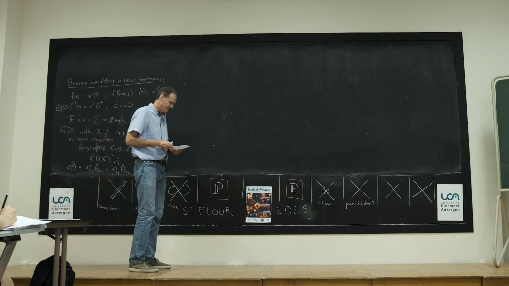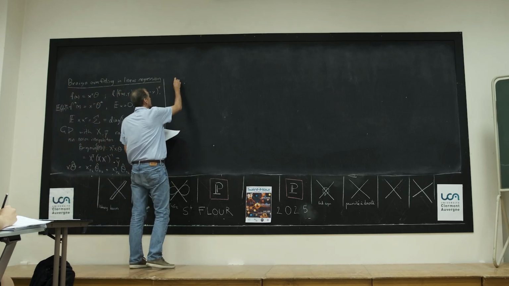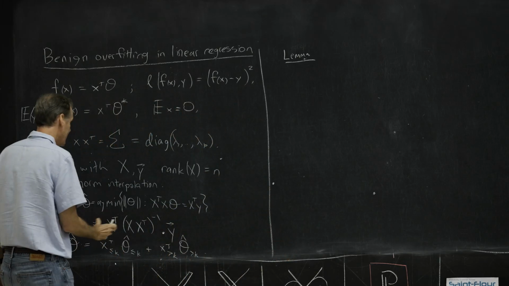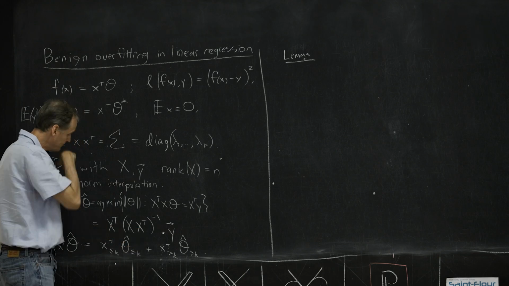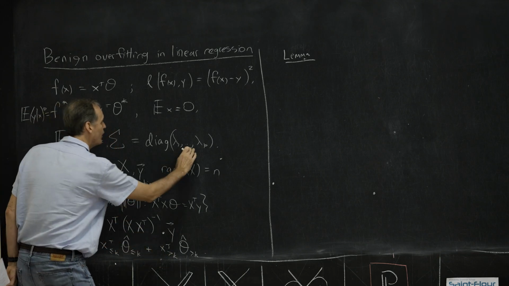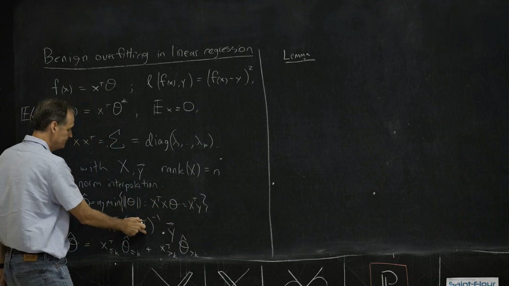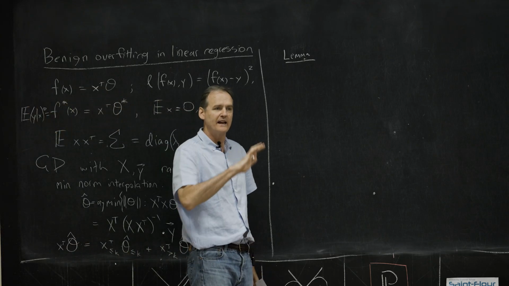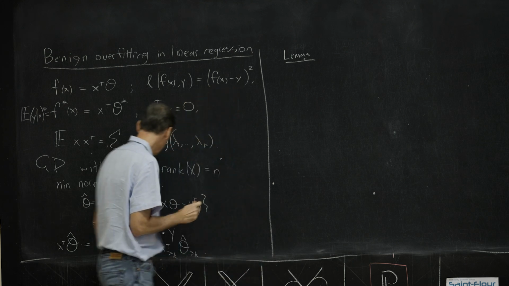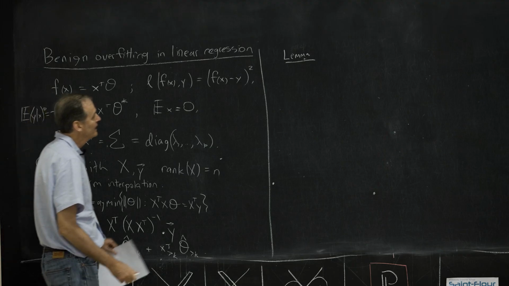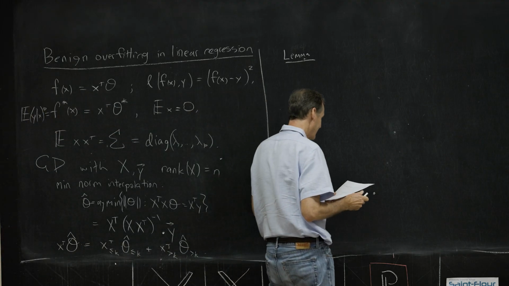Turns out that's the right way to view things. We'll see that later. But we saw that if we were lucky enough to have X X transpose restricted to the tail part, the low variance part, be a scaled identity, then everything looked nice in terms of the kind of predictions that we got. So we were looking at that kind of property.